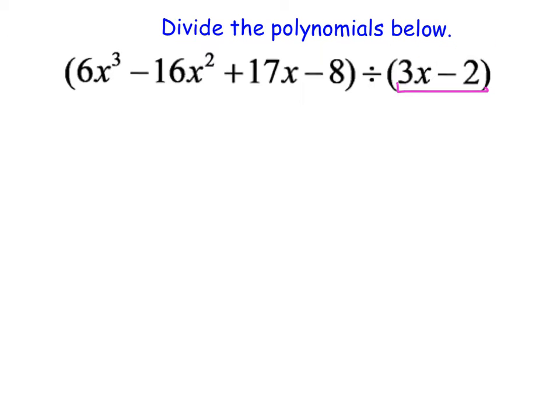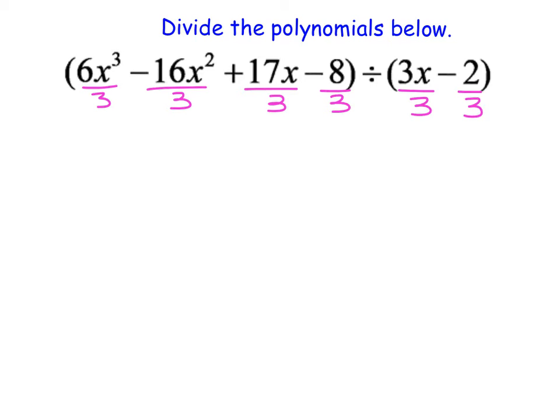So what we actually have to do in this entire problem is divide every single term in both the dividend and the divisor by 3. Now what you're probably imagining is that this is going to become a little bit nasty and gross because there's going to be fractions. Yes.